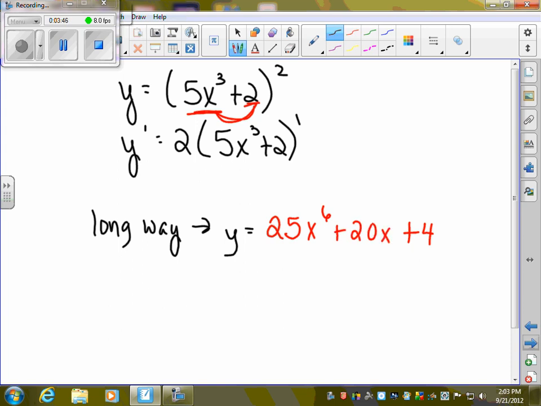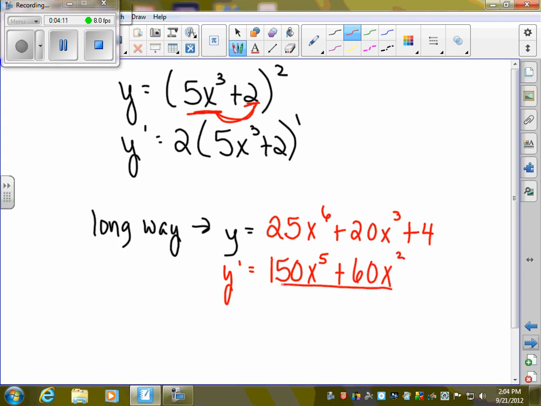Now that we've got that, let's take the derivative from there. Oh, that's 20x cubed, not just 20x, sorry. So let's take the derivative. Well, y prime would be 25 times 6 is 150, x to the 5th, plus 60x squared.